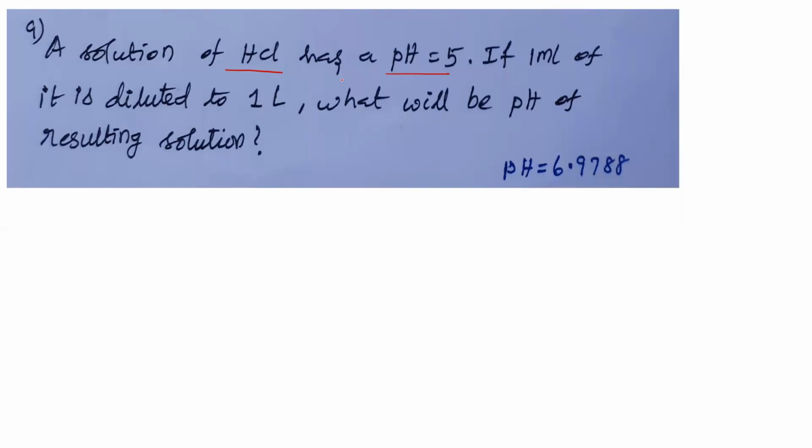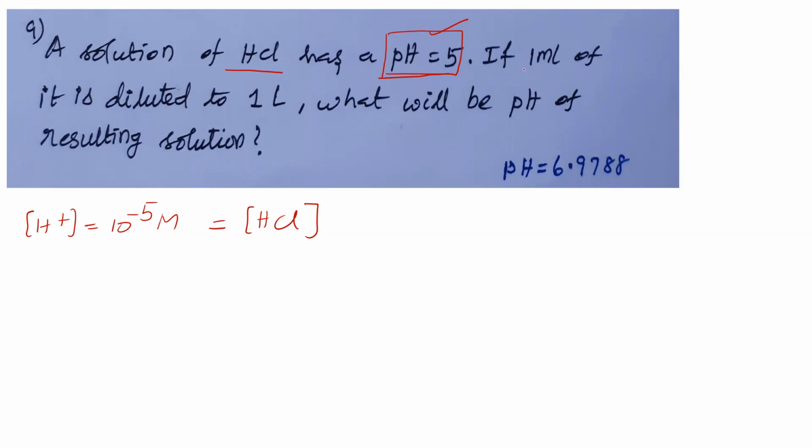HCl solution pH is given, that is 5. Now, pH is 5 means the concentration of H plus is equal to 10 power minus 5 molar, which is equal to the concentration of HCl. So we know the concentration of HCl.